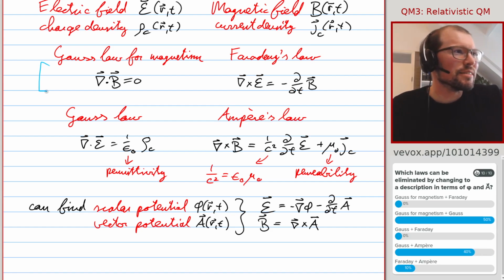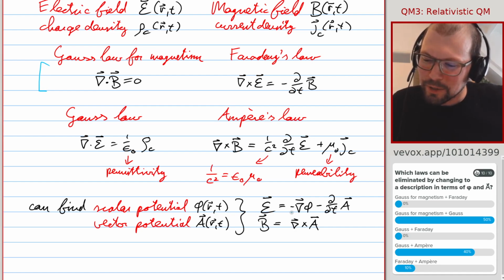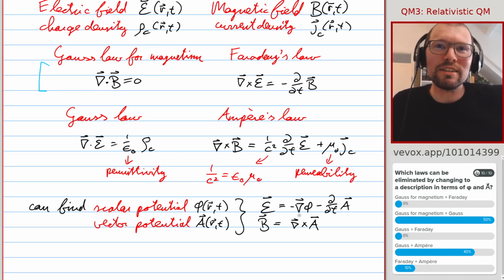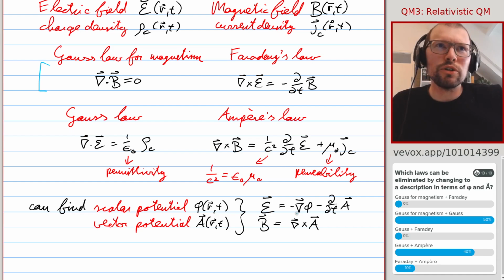Okay, well, we're getting closer. So how about the first one? Which equation is automatically satisfied there? So I have a gradient. The curl of a gradient is automatically 0, right?